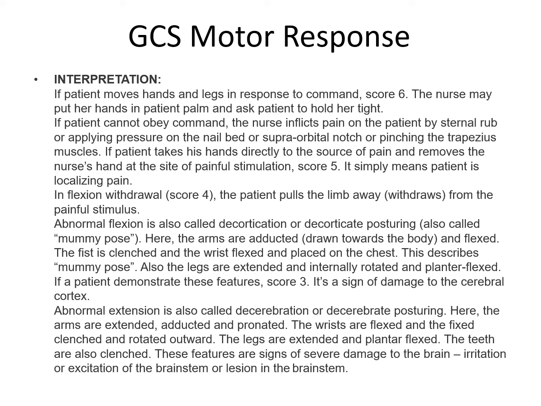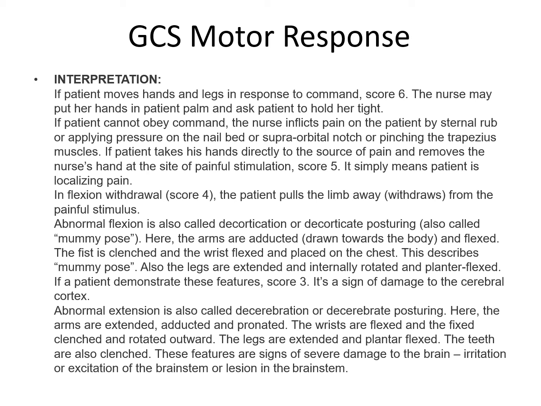That's much better. Localizing to pain means that the patient is crossing the midline of their body to the source or site of the painful stimulation. He gets more points than if they have a flexion withdrawal.